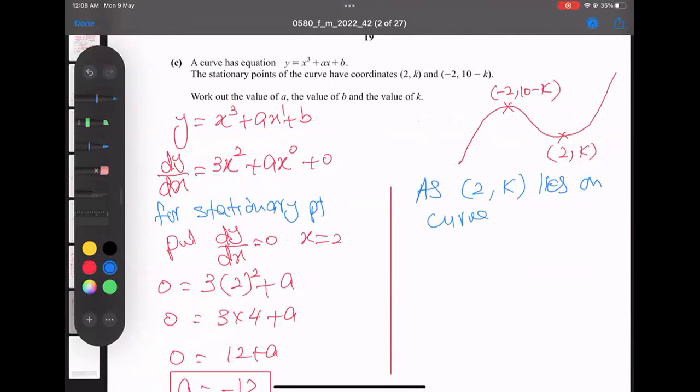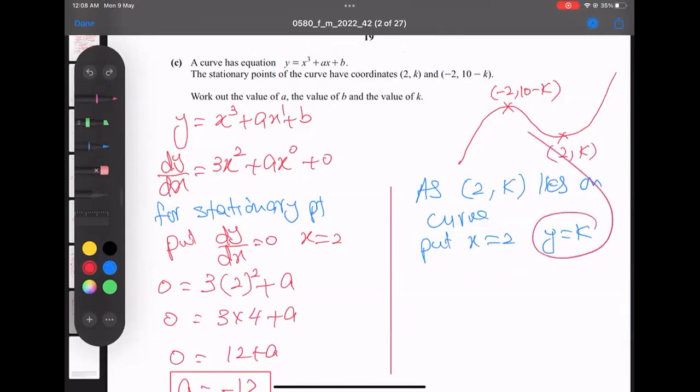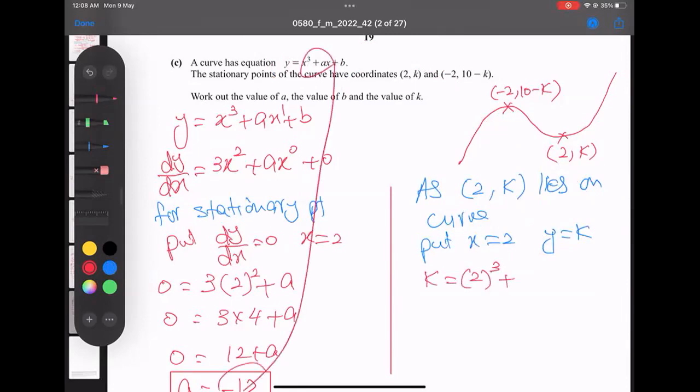So put x is 2 and put y is k. Where? In our actual question. Don't put it here. When I replace there, k comes here in the place of y, and 2 in the place of x, each x, every x. And a value I got negative 12, so I'm replacing.